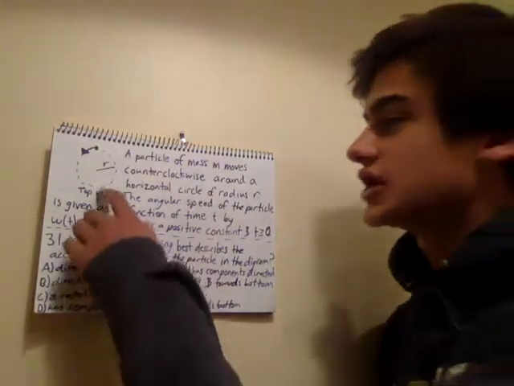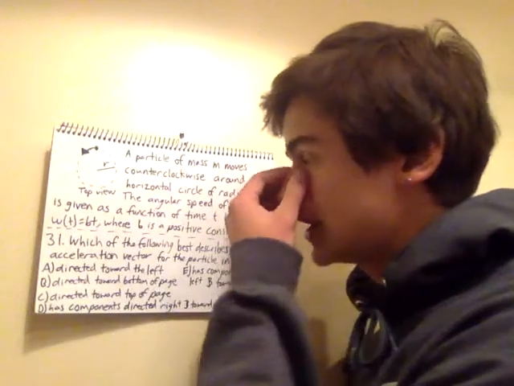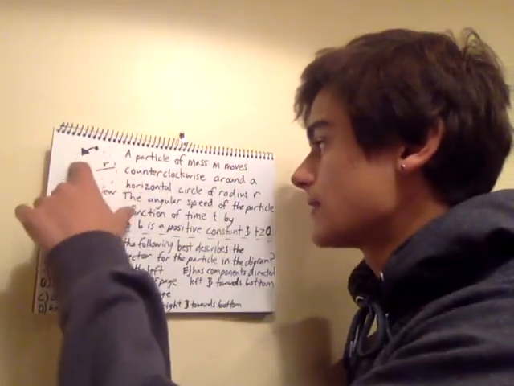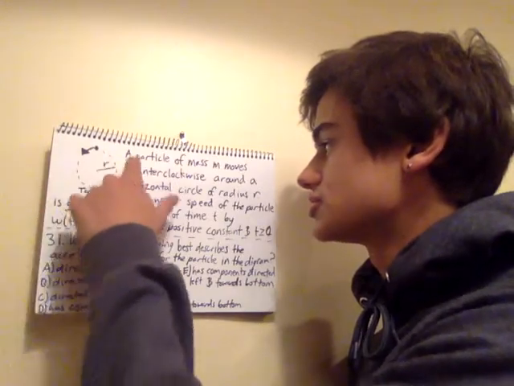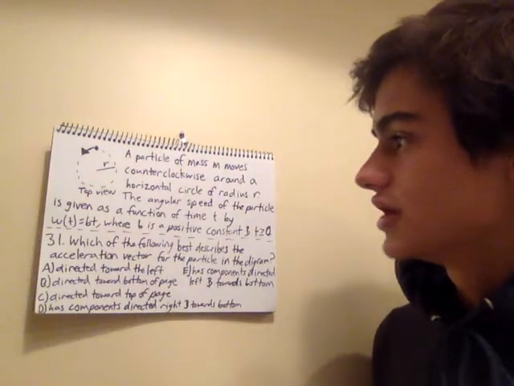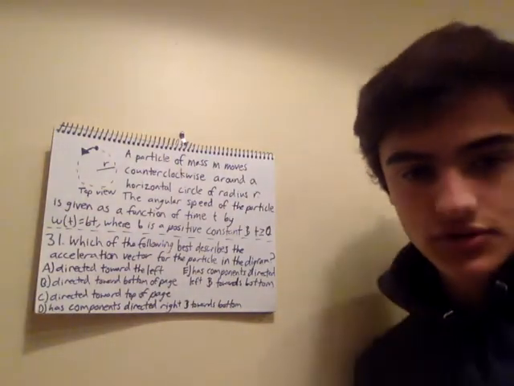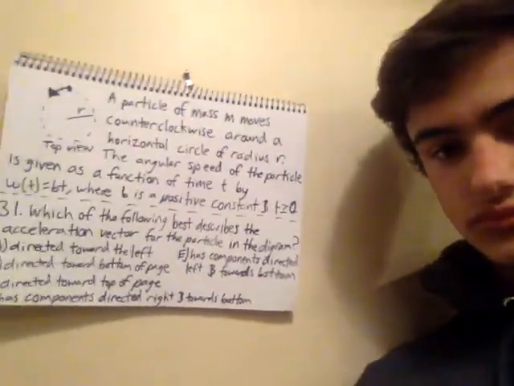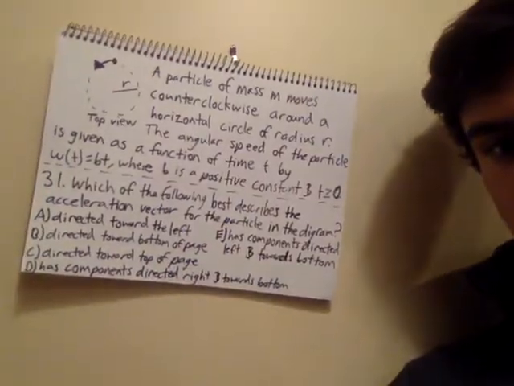So here we have the diagram for this. There's the radius of the orbit, and then here is our particle moving in a horizontal circle around the center. And this is the top view.